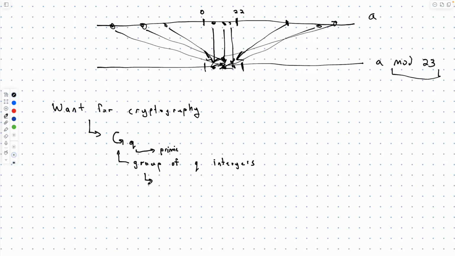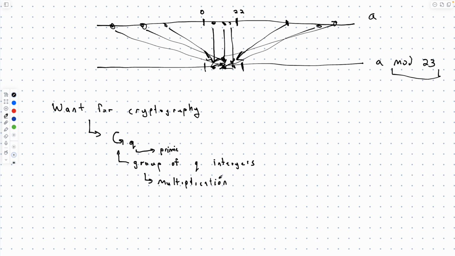Okay? And part of the definition of a group, well, there's different kinds of groups, but I could be more specific, but I want multiplication to work. Okay? So I want to be able to take two elements of the group. I want to multiply them together. Okay?